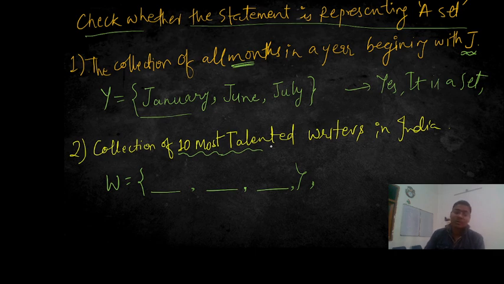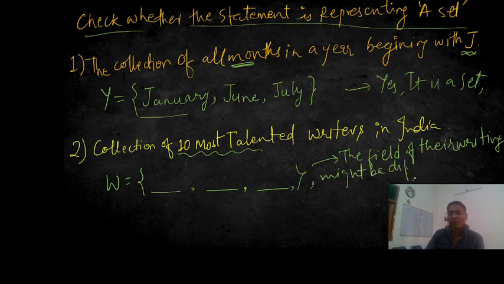Because the field of their writing might be different. So you just cannot have the same element all the time.